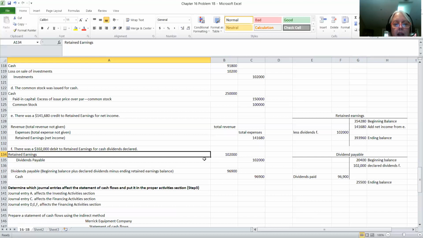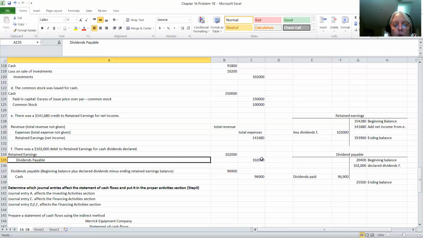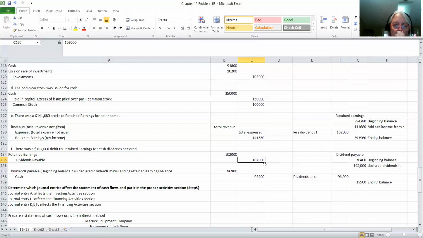They didn't tell us the date that they declared the dividends, but they did tell us the amount to debit to the retained earnings for the dividends declared. When we debit retained earnings, we are reducing the retained earnings balance. Debits will decrease retained earnings. Our dividends payable would be increased by the amount of $102,000.